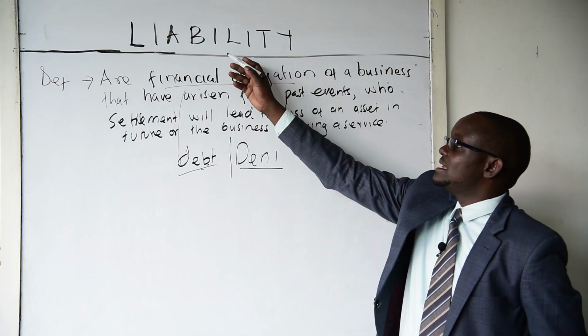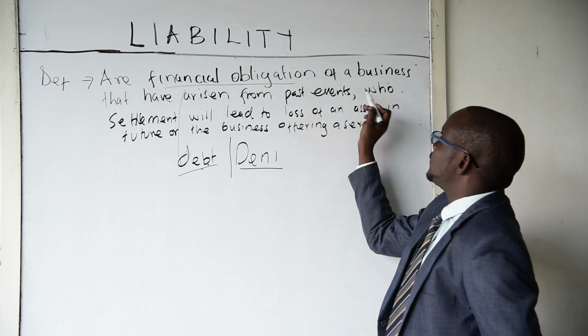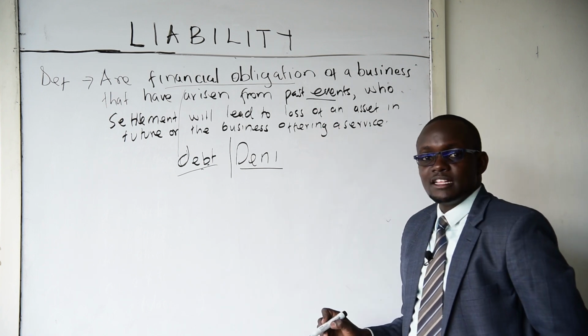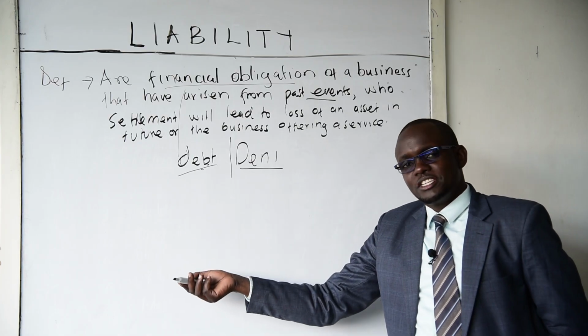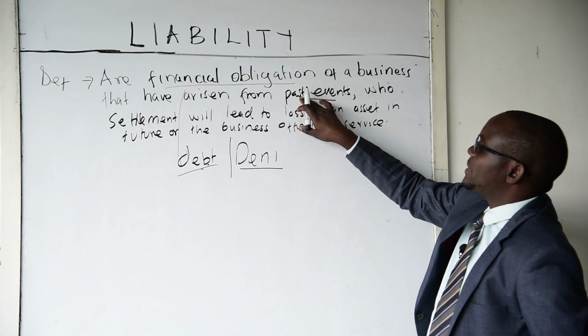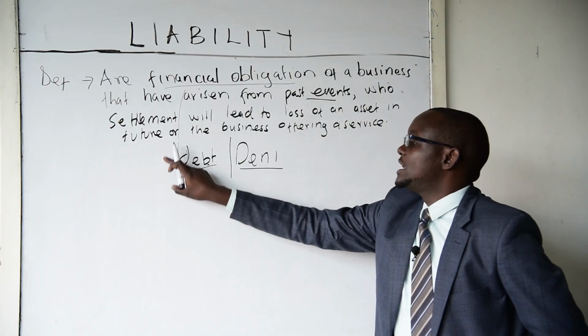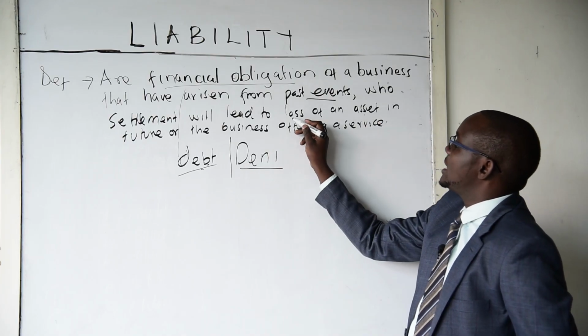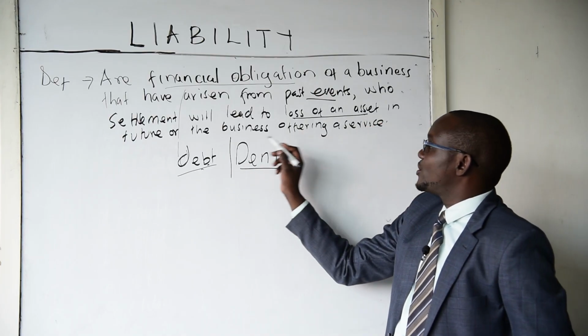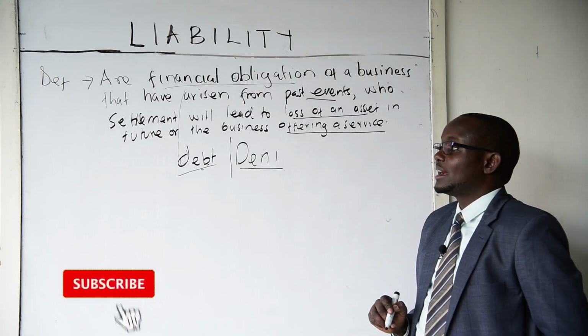That's why we call them liabilities. These debts have arisen from past events in the sense that you must have either borrowed, or purchased something on credit, something must have happened for you to have the debt. Then, when you are trying to settle the debt in future, you will either lose an asset or offer a service. And that's what we call liabilities.